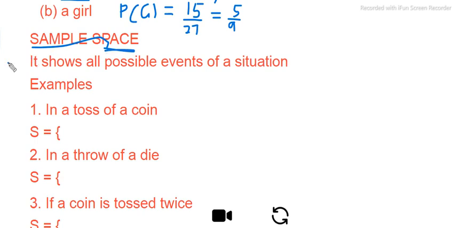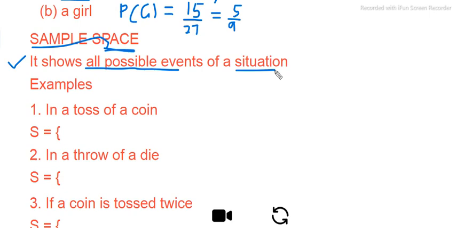When we say sample space, what does sample space mean? Sample space shows all the possible events of a situation. All events that are possible in a situation is what we call the sample space.